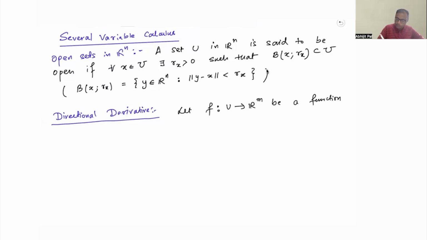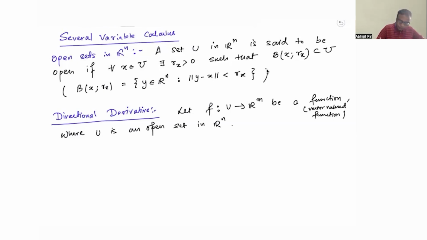Note that this function is a vector valued function, meaning that if I take any point x belonging to U, f of x is a vector in Rm. So that's why it is called a vector valued function. Here U is an open set in Rn.